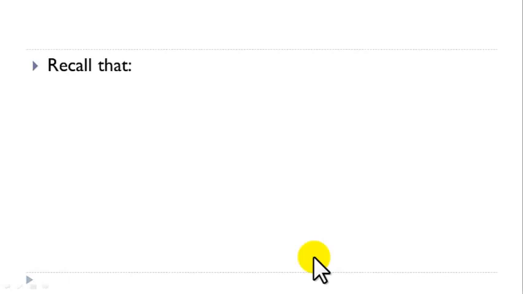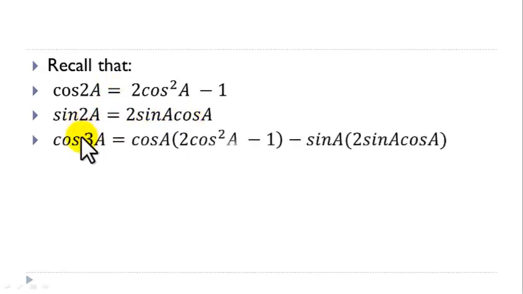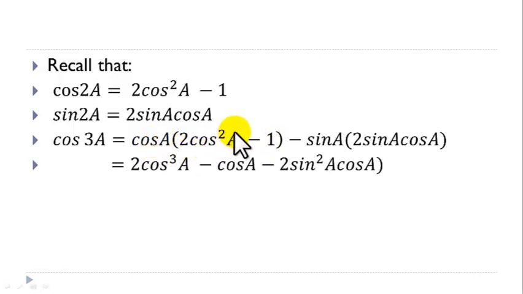Let us also recall that cos 2a is equal to 2 cos squared a minus 1, and sin 2a is equal to 2 sin a cos a. Then our identity will become cos 3a equal to cos a times (2 cos squared a minus 1) minus sin a times 2 sin a cos a. Let us open this bracket to obtain cos a times 2 cos squared a will give us 2 cos cube a.